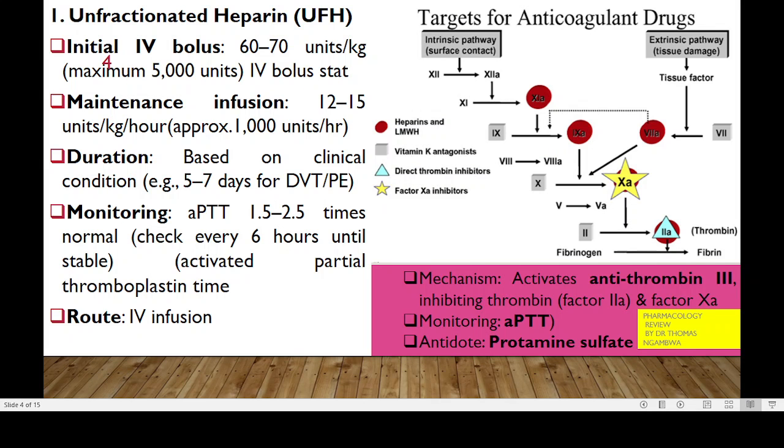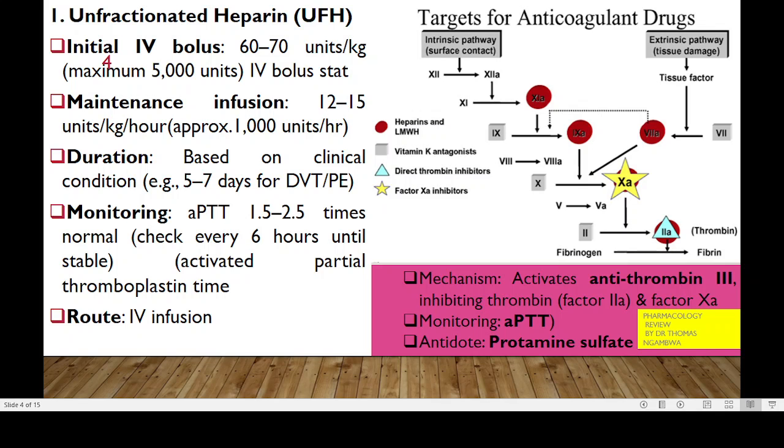If you look at the first one, the traditional one, the unfractionated heparin, abbreviated as UFH, this is normally given as an initial IV bolus at 60 to 80 units per kg with a maximum of 5,000 units IV bolus start.